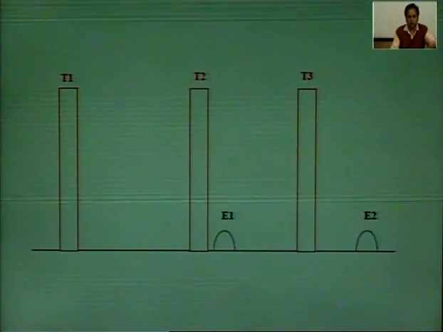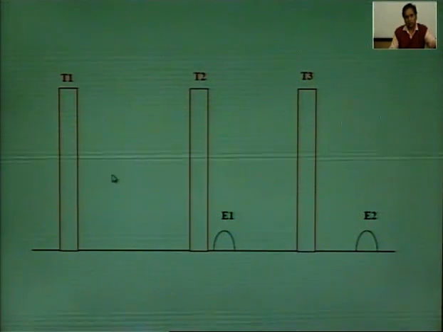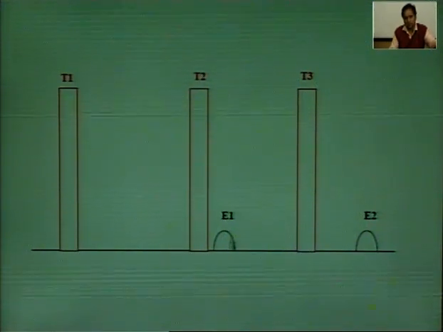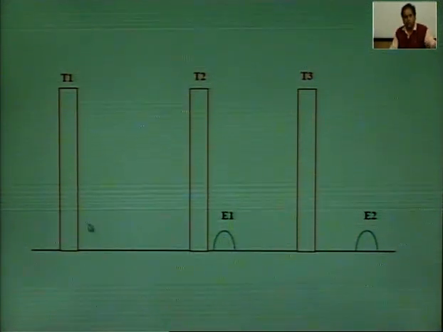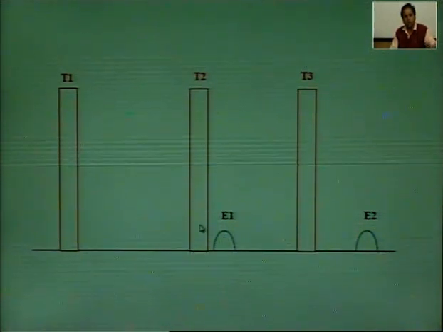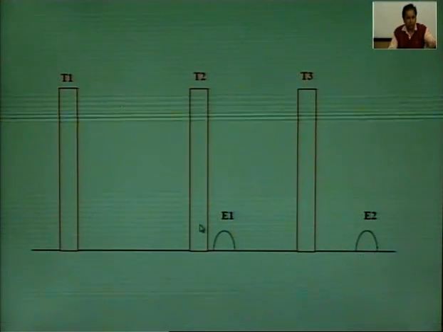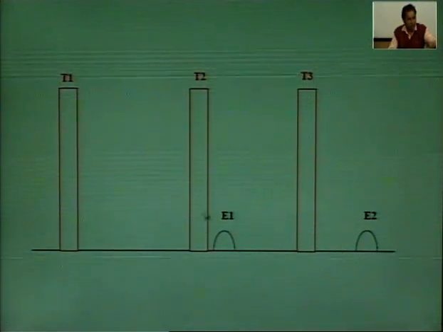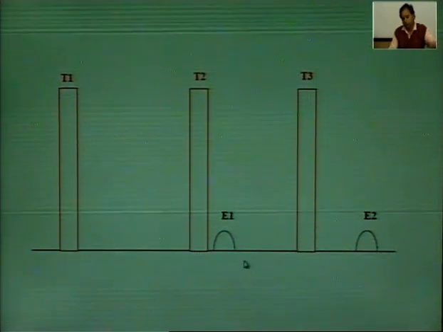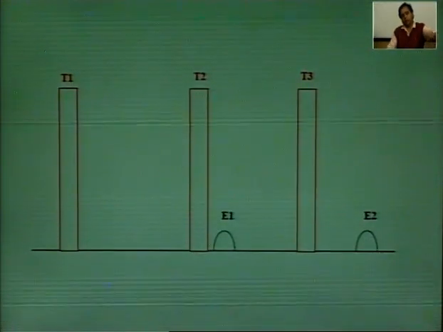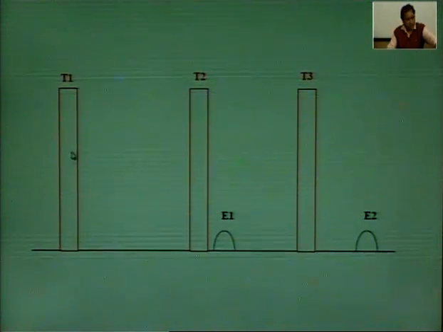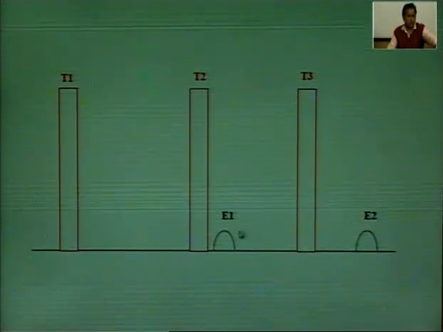Very simple, this is the example. First pulse transmitted, no signal; second transmitted and we get the echo signal. Now, the confusion is whether this echo signal is from T1 or from T2; it is not sure. Such a situation gives rise to ambiguity. This ambiguity can be overcome if we change the shapes of the adjacent pulses.